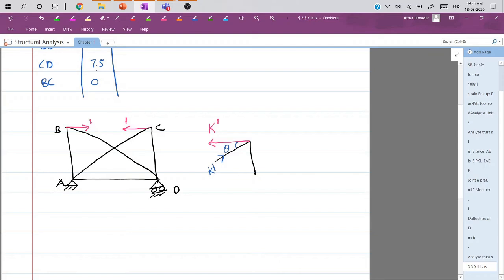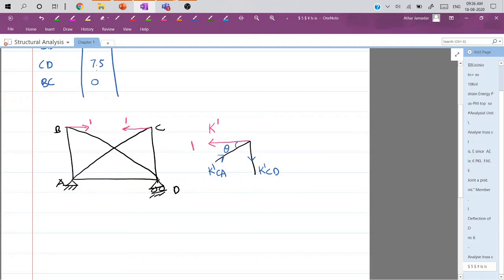This I will denote by K dash CA. And this particular force I will assume going away from the joint, or tensile, and name it K dash CD. The value of this external force is 1 kilonewton.